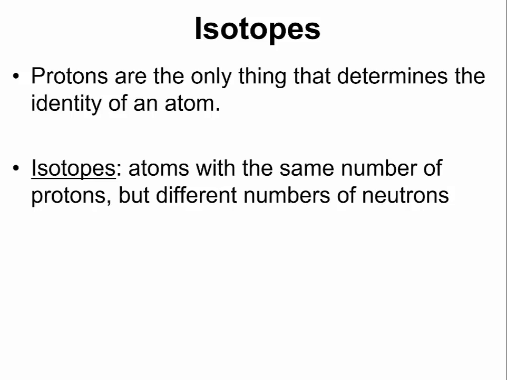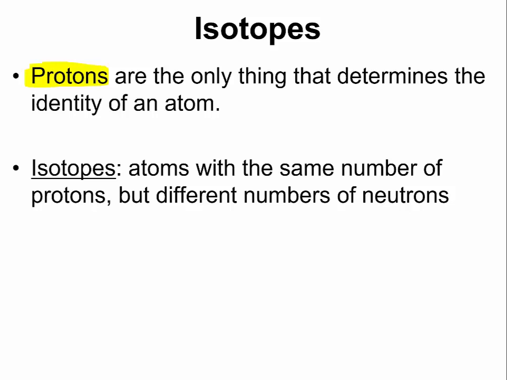The very first thing to remember is that the identity of an element is solely determined by how many protons you have in the nucleus of the element. Which means that you can have different numbers of neutrons and different numbers of electrons, but the number of protons must be unchanged because it determines the identity.